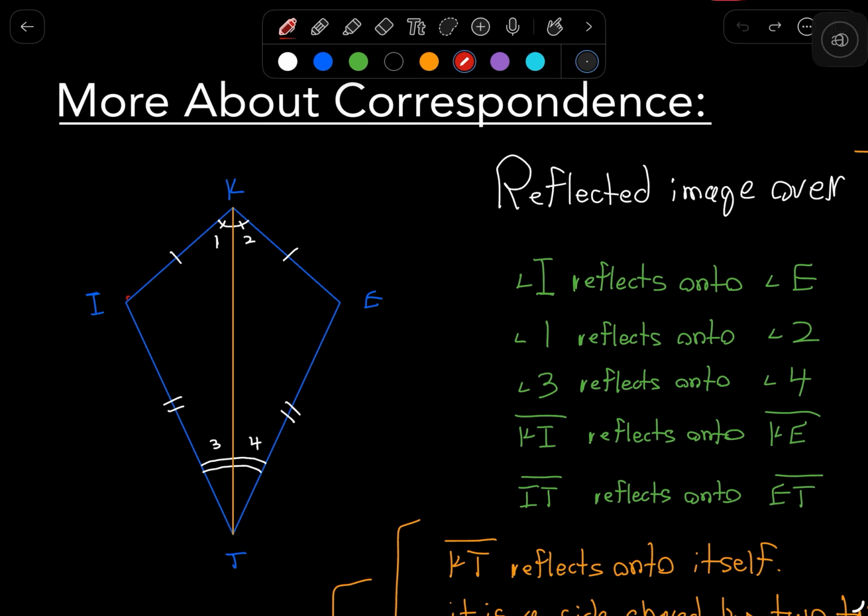Likewise, TI and TE are also corresponding, so they're also congruent. So just make sure you're naming that the corresponding parts are congruent to each other. That's the key thing.